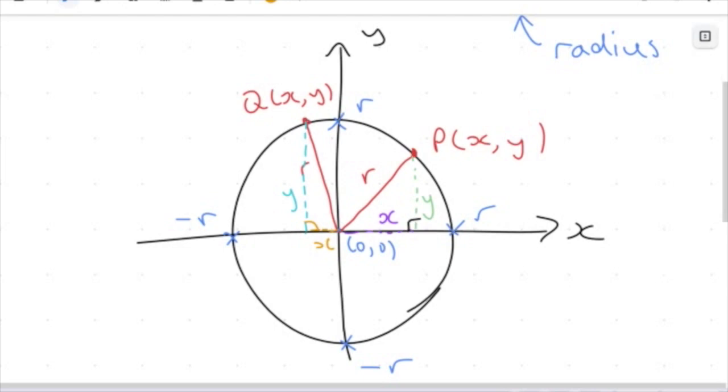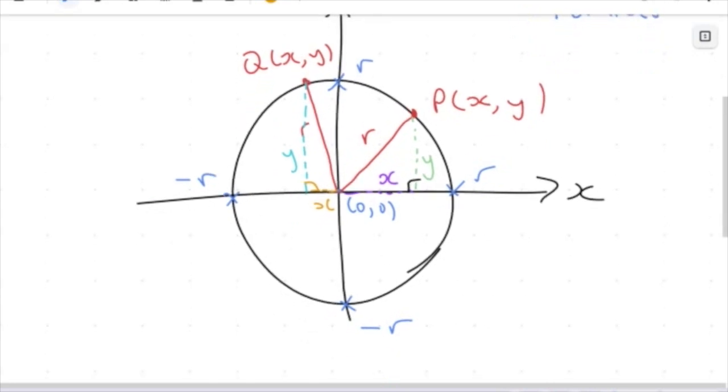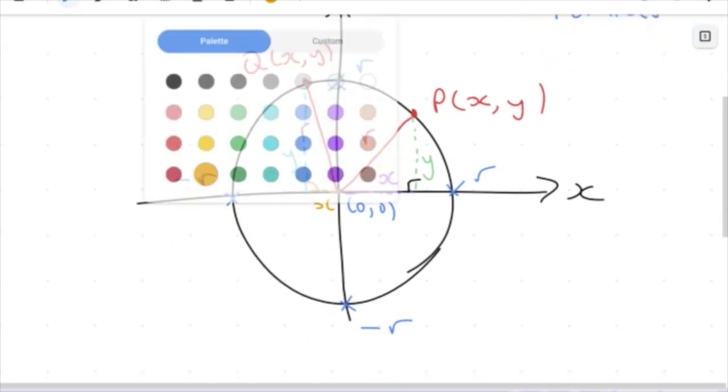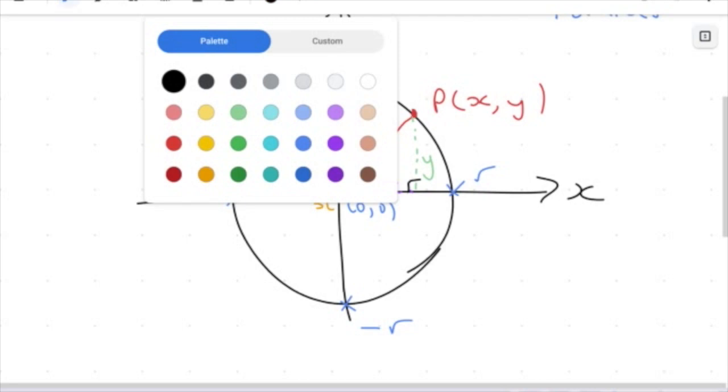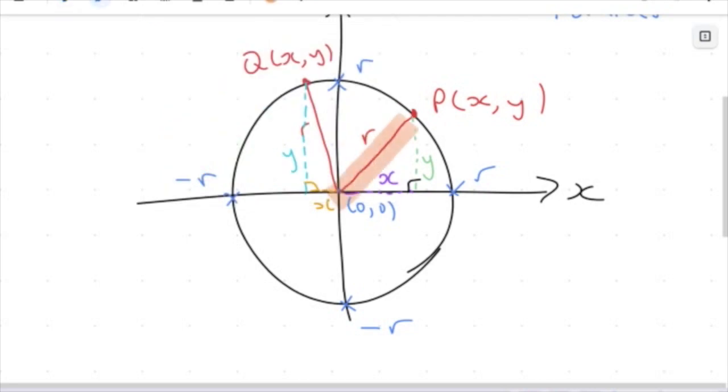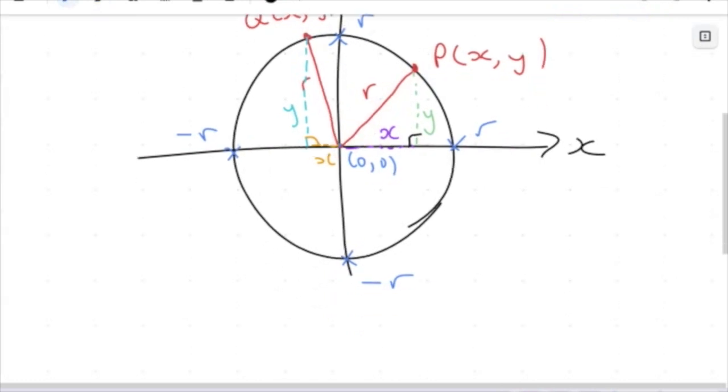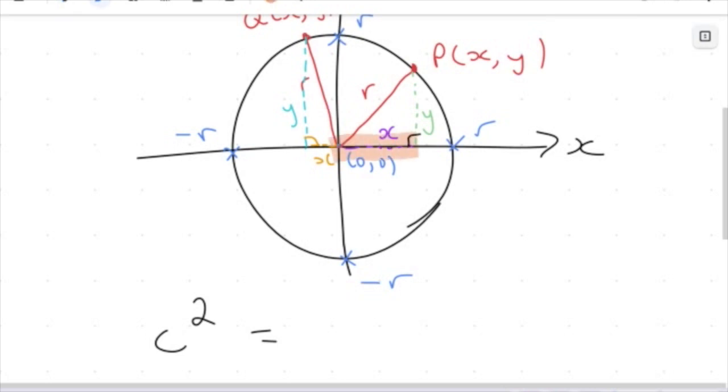Now, what do we know about right angle triangles? Well, we know that the hypotenuse, the side opposite the right angle, we're going to call that C squared, is equal to one other side squared plus my third side squared.